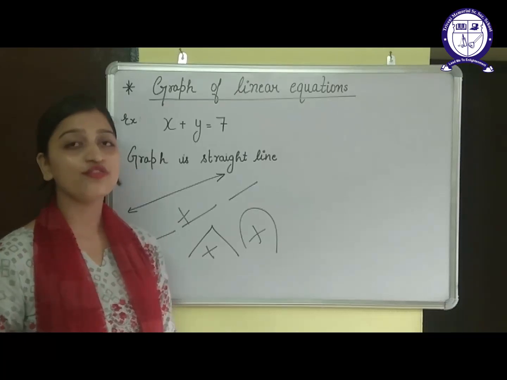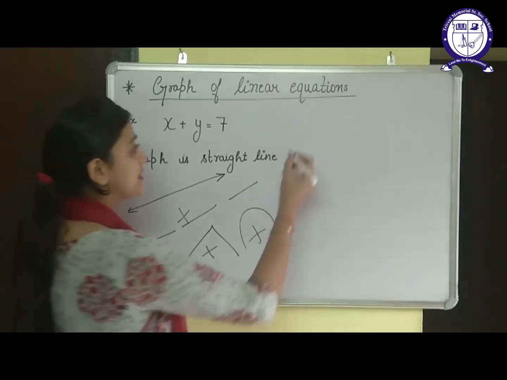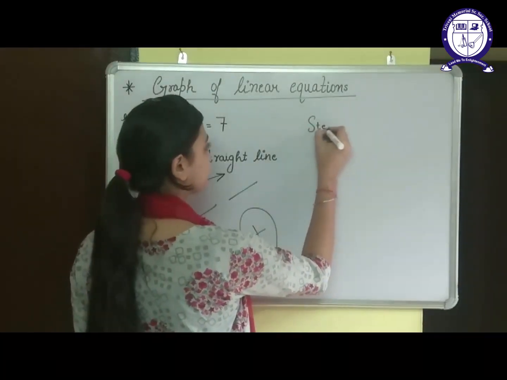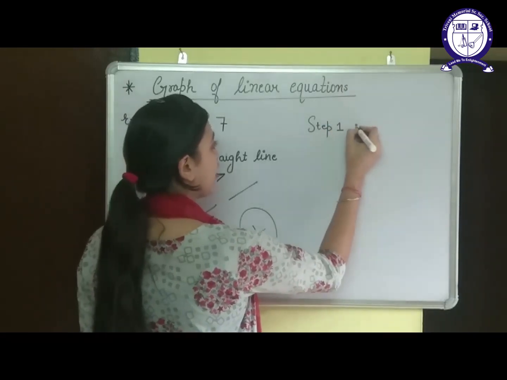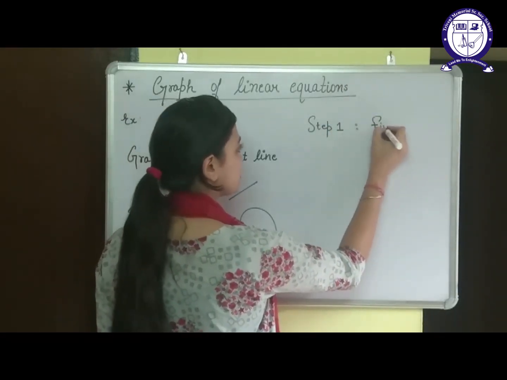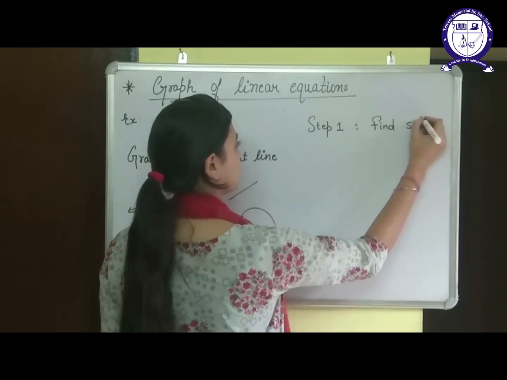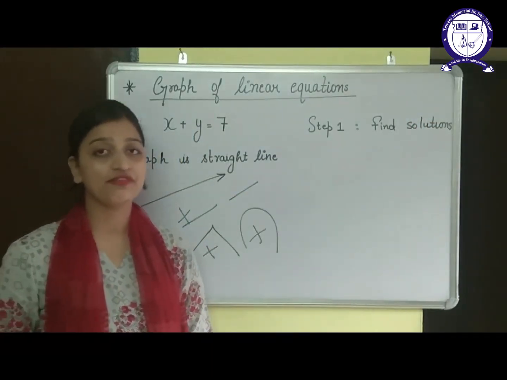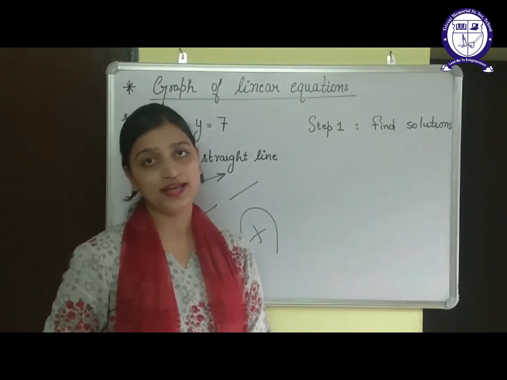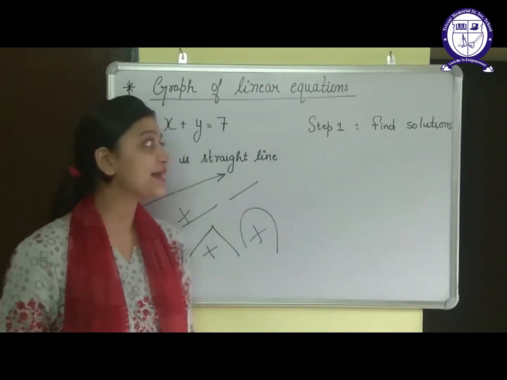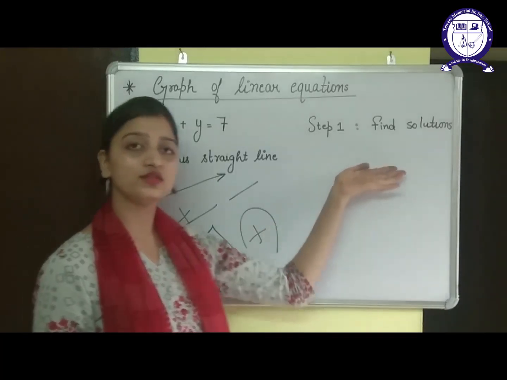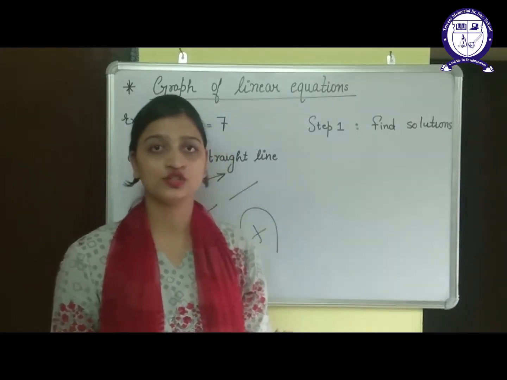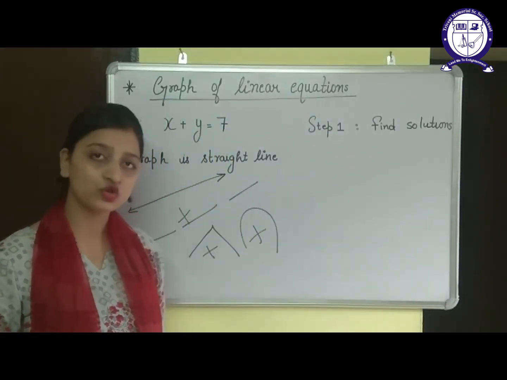And the steps of drawing the graph are: step 1, find the solutions. How many solutions should I find to make the graph? Sometimes the question can be done by finding only 2 solutions, or you can find 4 solutions.